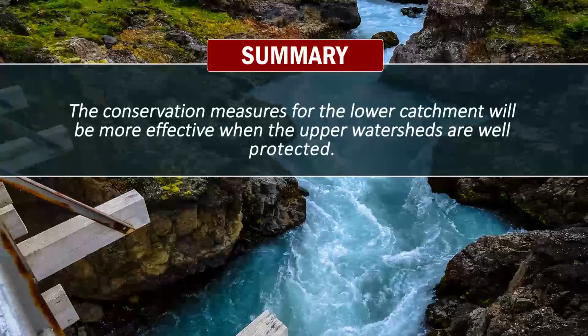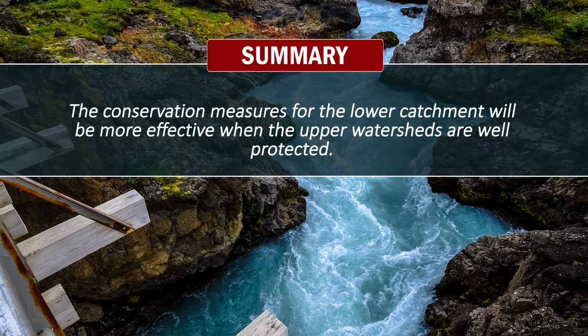As we know, a watershed lies at the height spreading down up to the coastal tracts. For example, if you look into large river systems like Ganga, Yamuna, and Brahmaputra, their watersheds spread up to the coastal tracts. The conservation measures for the lower catchment will be more effective when the upper watersheds are well protected.